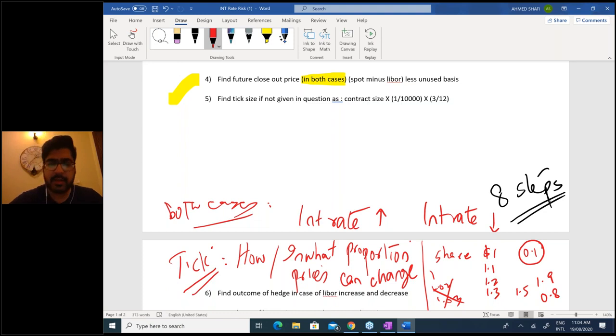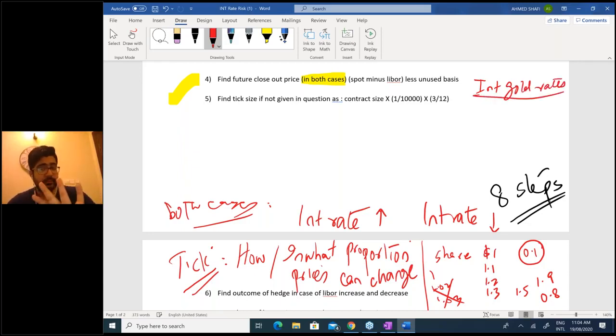Okay. Similarly, if you look at international gold rates, it's just for reference, okay? The actual situation may vary. Now let's suppose the international gold rates are $1,900, for example.